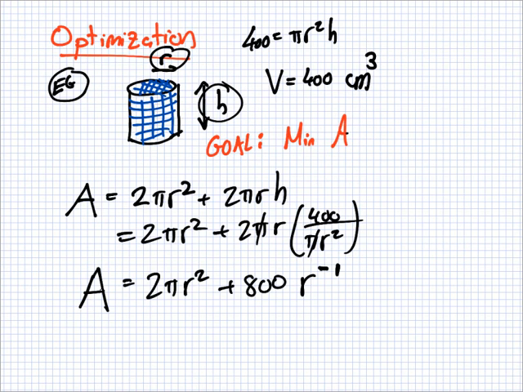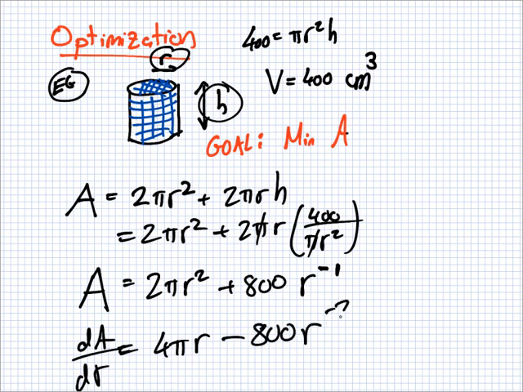Now we can get the derivative. Okay, so what is the first derivative here? 4 pi r. Yeah, what is it? 4 pi r minus 800 r to the power minus 2 should equal 0.